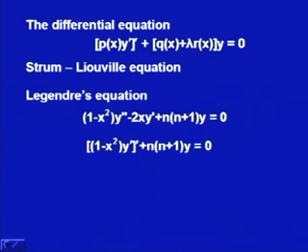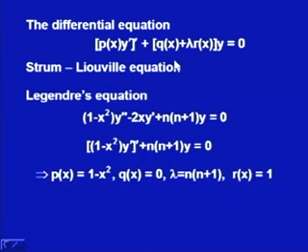Now, if I compare it with this Sturm-Liouville equation, I get p(x) as 1 minus x square, q(x) as 0, lambda as n(n plus 1) and r(x) as 1. Then we know that the Legendre equation is also a Sturm-Liouville equation.